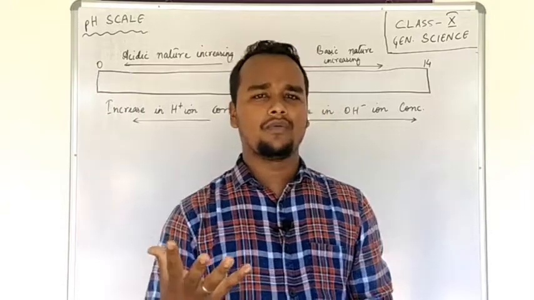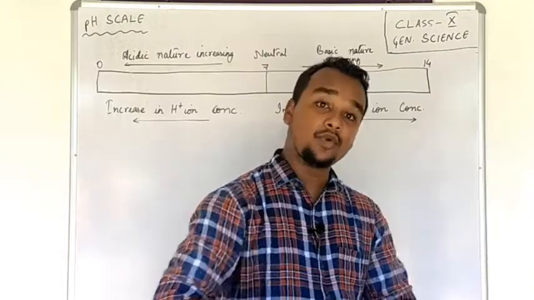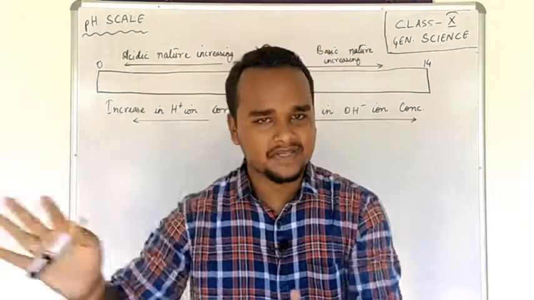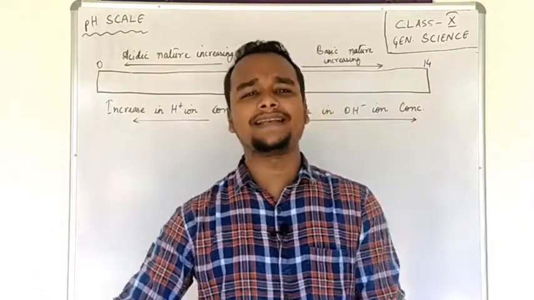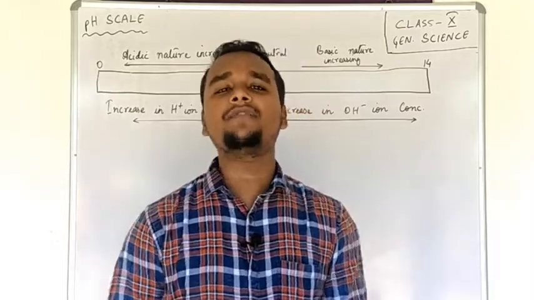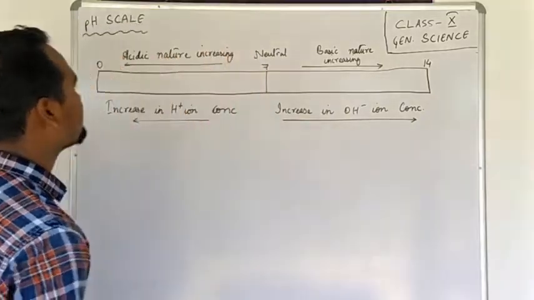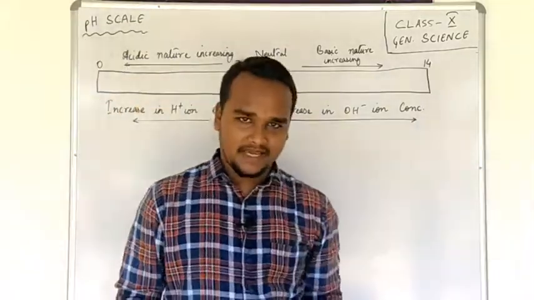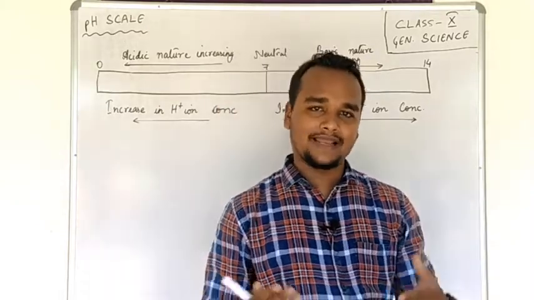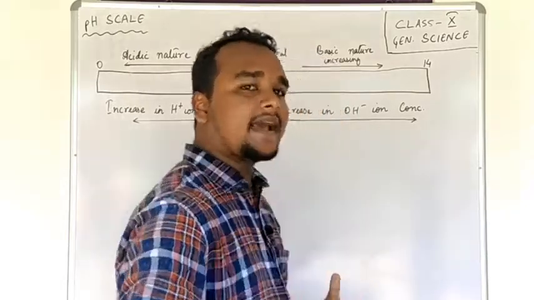Now, if it is acidic, how to know whether it is a strong acid or a weak acid? If that particular substance is basic, then how to know whether it is a strong base or a weak base? We can know it with the help of the pH scale, which we are going to discuss today. So basically this pH scale is used to determine the strength of an acid or a base. Clear? So let us see how it does.